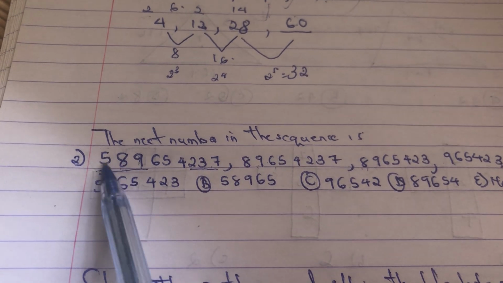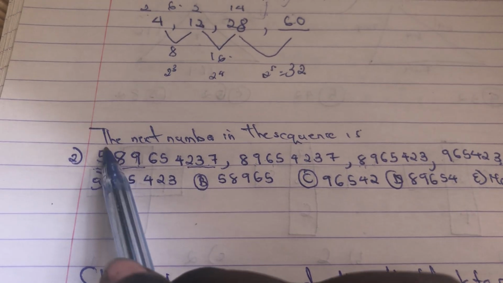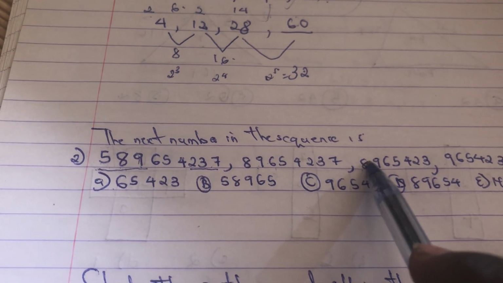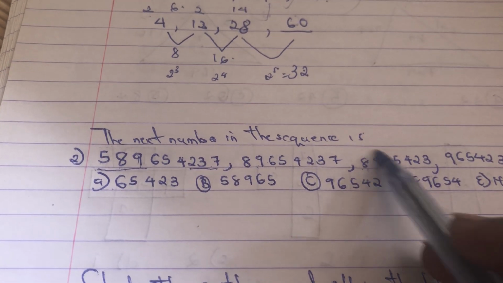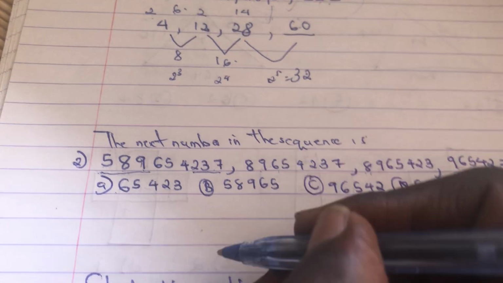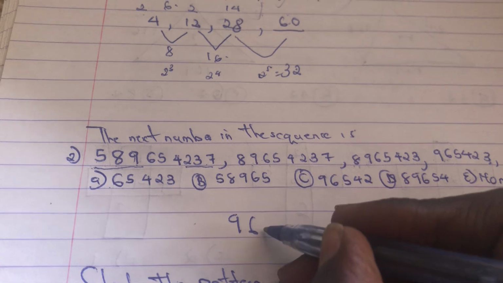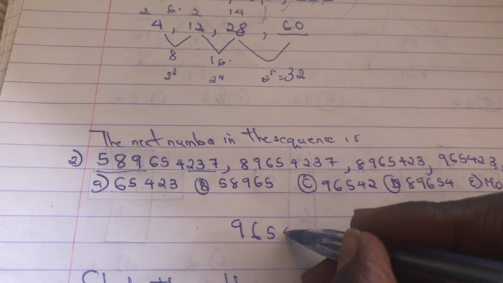So they first removed 5 and it went 2 times. Now they've removed 8 and it's 9, so it has to go 9 2 times. So it will be 9, 6, 5, 4.